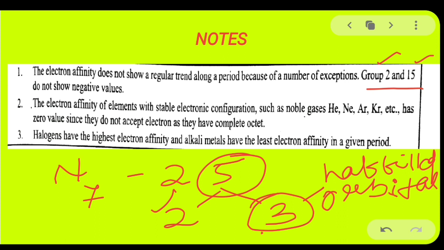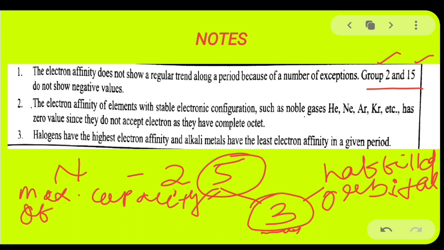Because the maximum capacity of the second subshell, let me write, the maximum capacity of the second subshell is 6. So when it is 6, here you can see 3 electrons are there.